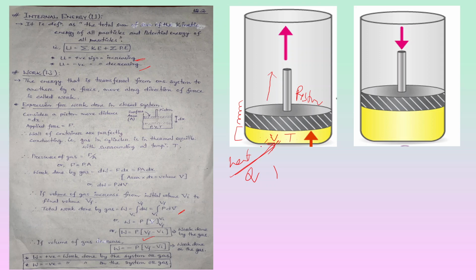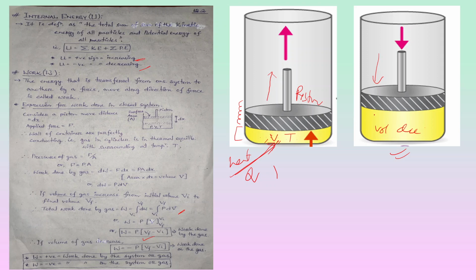And if the volume is decreased in the second system, you observe when the piston is moving downside, that means its volume will decrease, right. Then in that case we say that the piston moves due to some external force.